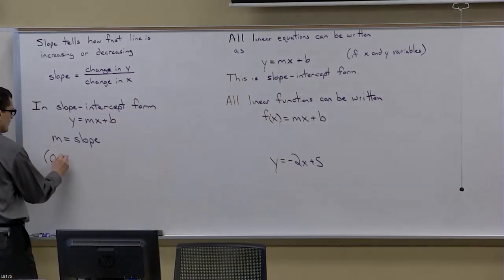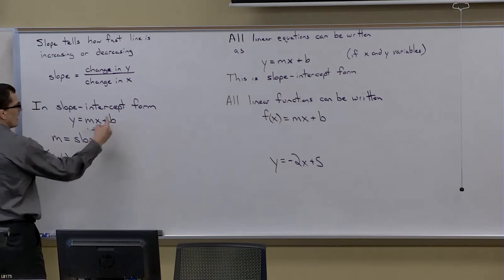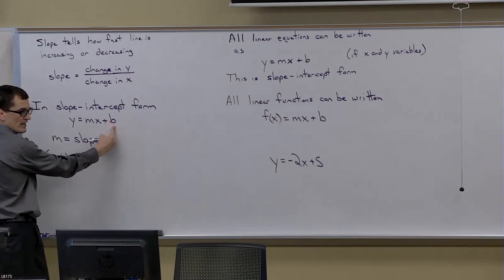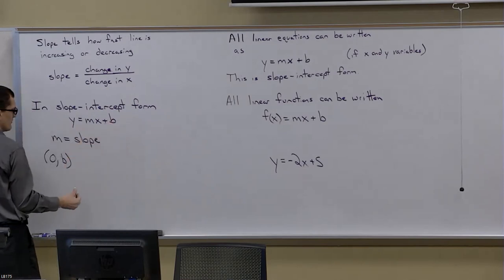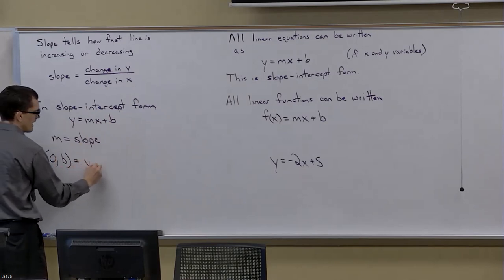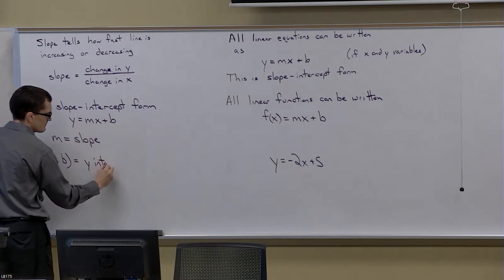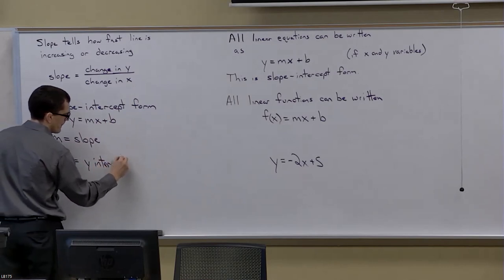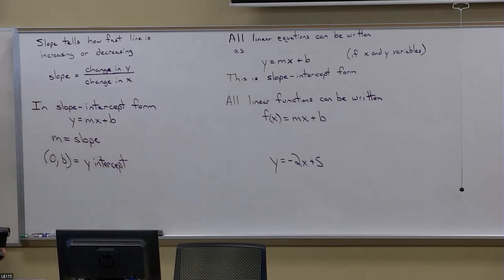And so also, no matter what this value is, the b value in slope-intercept form, 0,b, is going to be the y-intercept of your line.